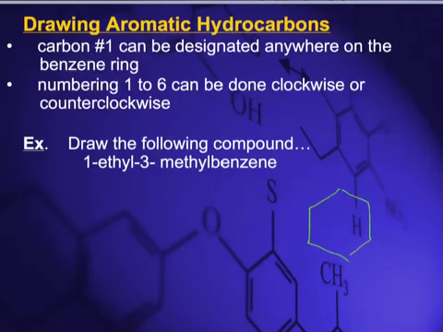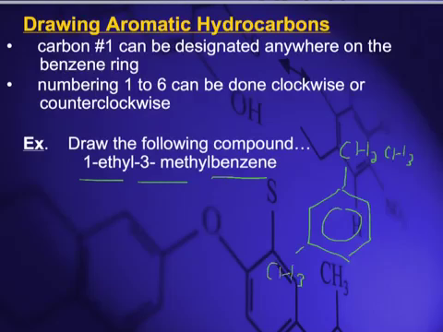For 1-ethyl-3-methyl benzene, we're going to draw the benzene ring first. There's an electron distributed. 1-ethyl, so at carbon 1 we have CH2, CH3, and at position 3 we're going to have a methyl group. It's carbon 1, 2, 3, so we're going to draw a methyl group here.